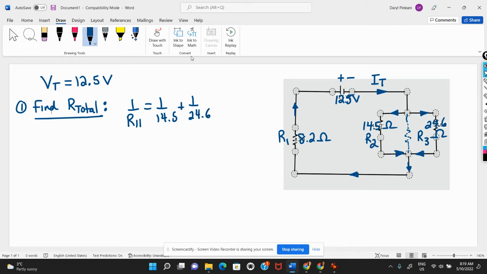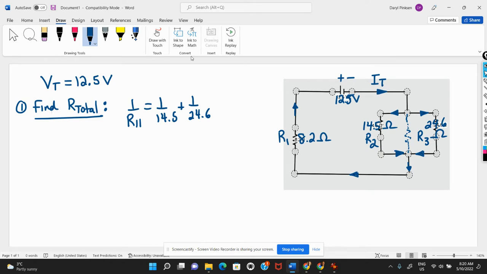You don't need to do this manually, and obviously, you're going to have a hard time finding lowest common denominators here and doing this by hand. So I'm just going to go 1 divided by 14.5 equals, plus 1 divided by 24.6 equals, and I get 1.09 times 10 to the negative 1.